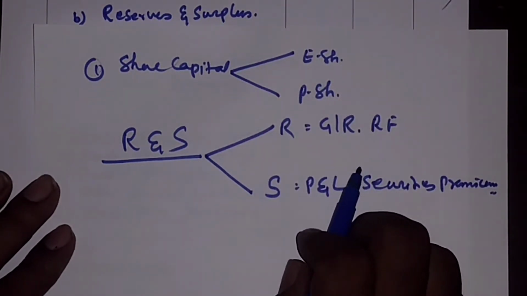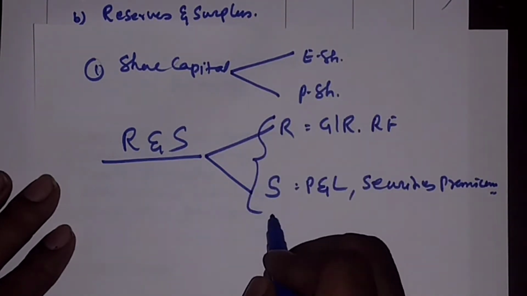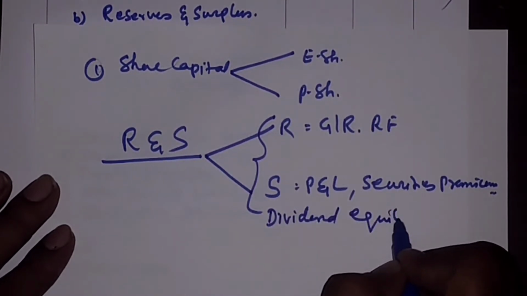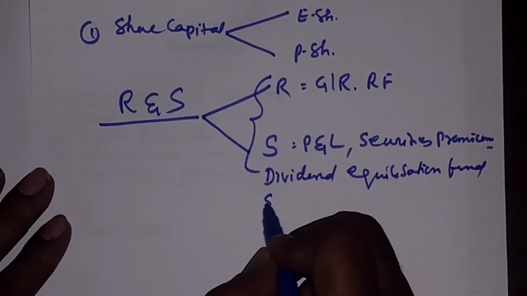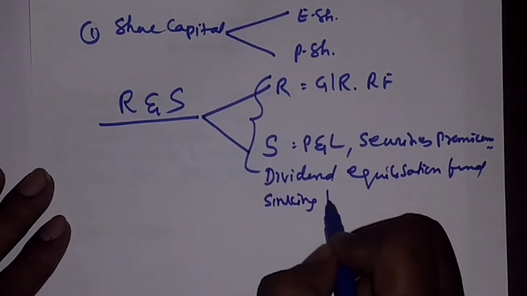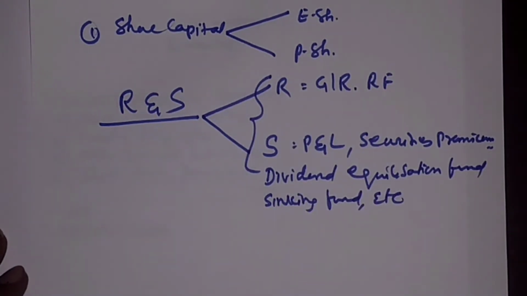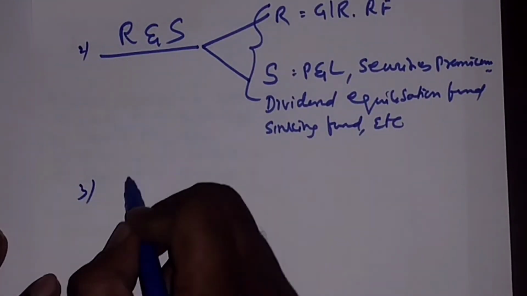Reserves and surplus together will include some other entries: dividend equalization fund, sinking fund, etc.